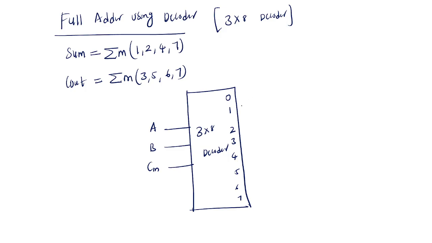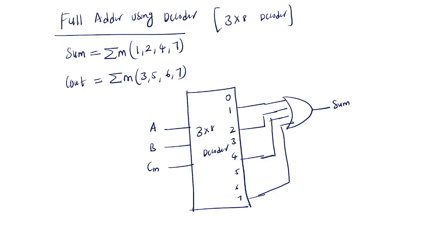So 1, 2, 4, 7 are connected with which gate? Sum of products, so the product terms are summed together. That means you need to connect them to an OR gate, and you will get sum.